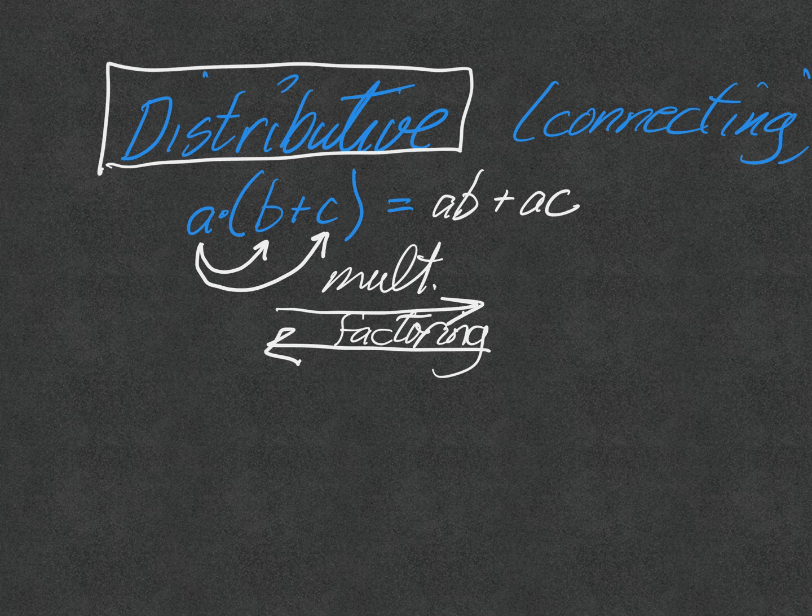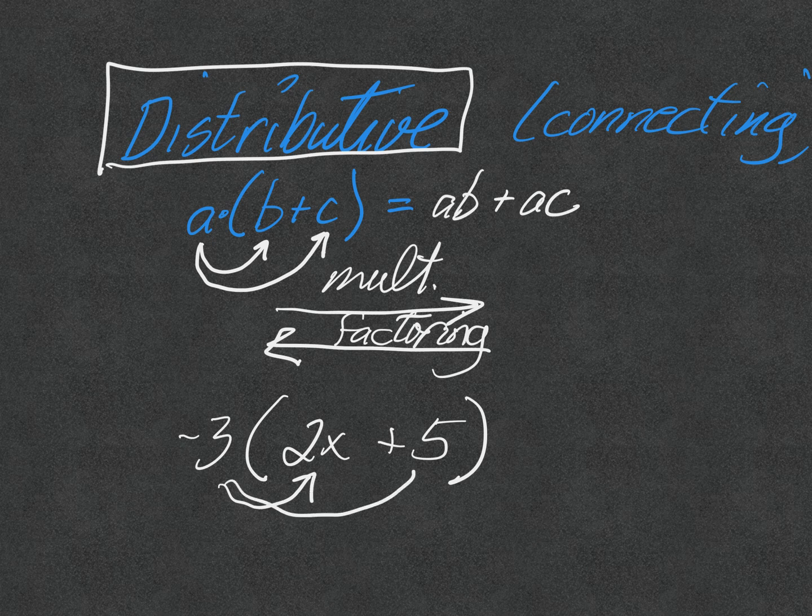Alrighty. So this is how it works. Quick example, negative 3 times 2x plus 5. So I'm going to take the negative 3 times 2x and the negative 3 times 5. And so sometimes what I do is I write that down.